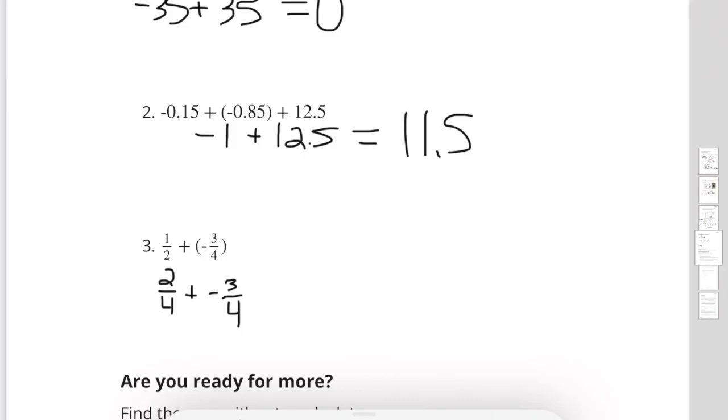So since I have the same denominator now, I can ignore that. And that's the same thing as saying 2 plus negative 3. So if I start at positive 2 and I move 3 spaces to the left, because this negative tells me to go left, that would put me at negative 1. So I know my answer is negative 1/4.